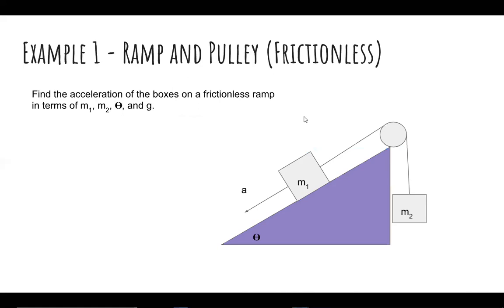Okay, I'm just going to draw it on here for now. Starting with box M1, it's on a slanted ramp. So I'm just going to draw the slant so that we take that into account. We have our normal force, which is perpendicular to the surface. We have our weight, which is always pointing downwards with gravity.